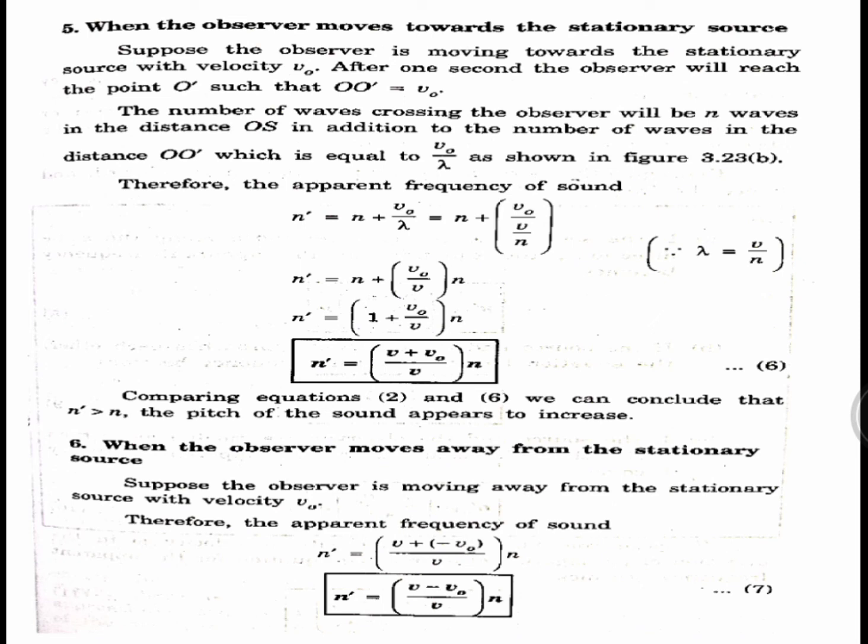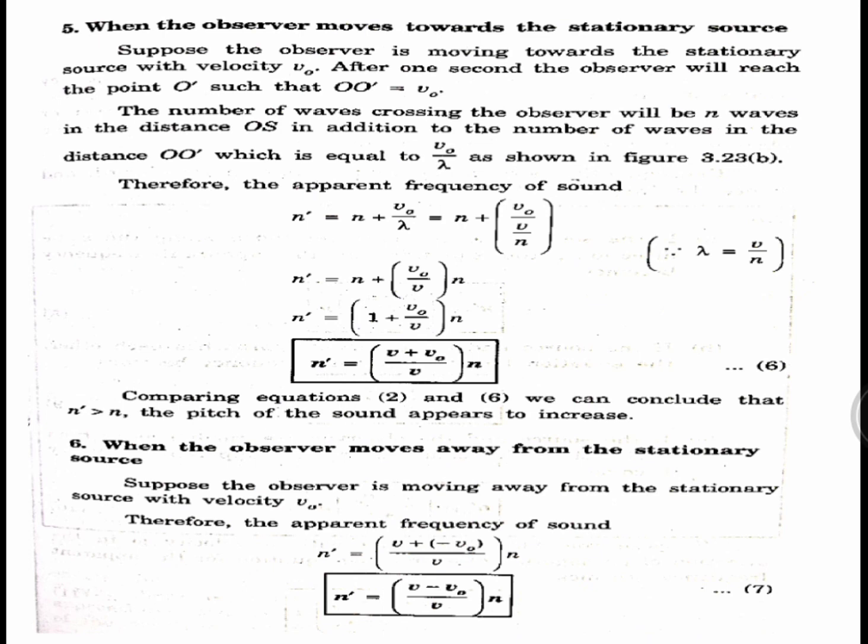When the observer moves away from the stationary source with velocity Vo, the apparent frequency of sound n dash is equal to (V plus or minus Vo) divided by V into n.